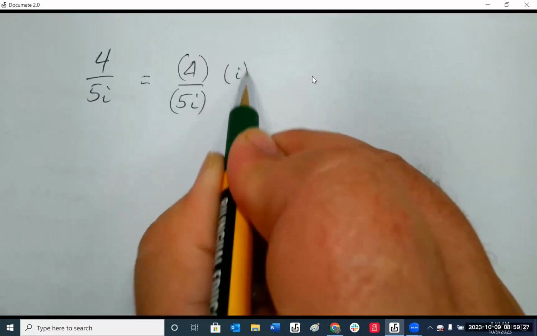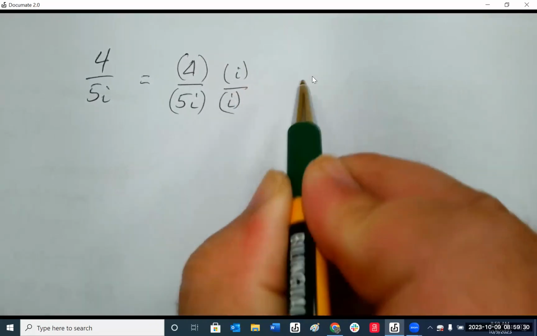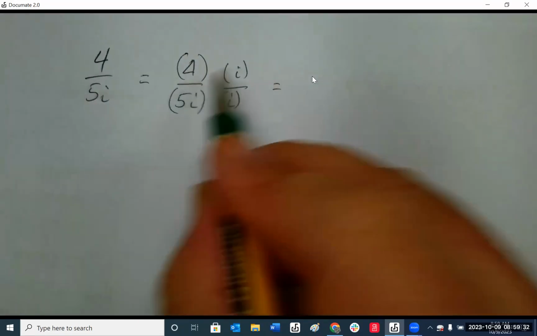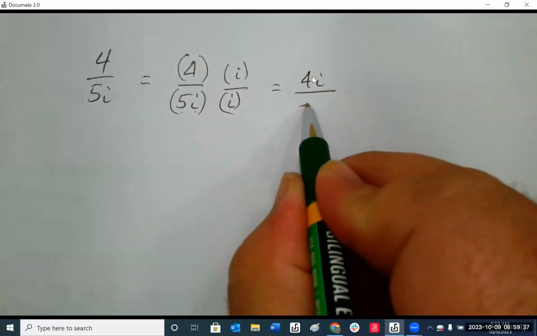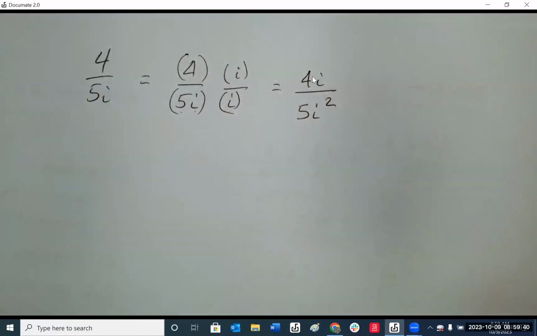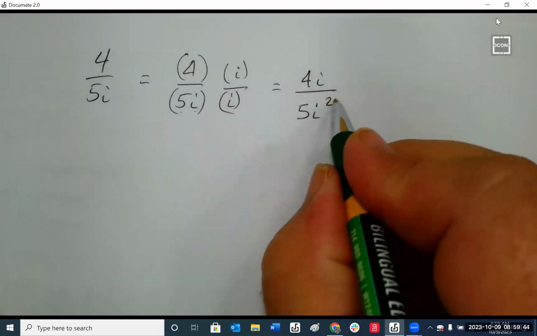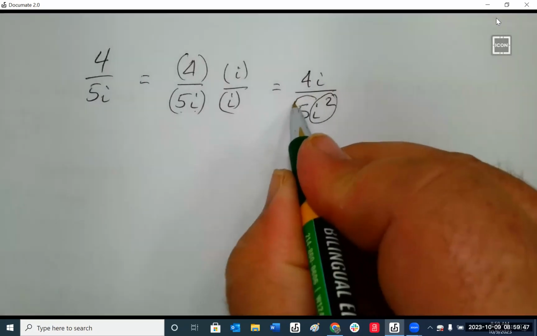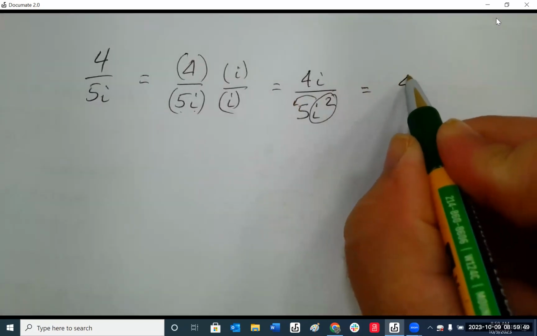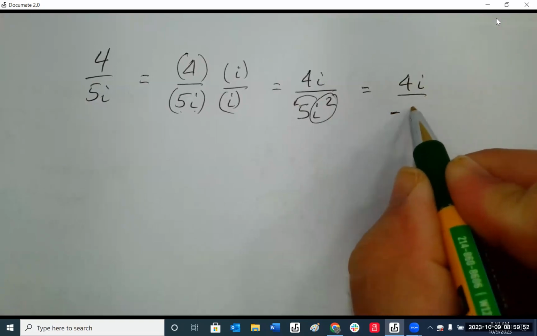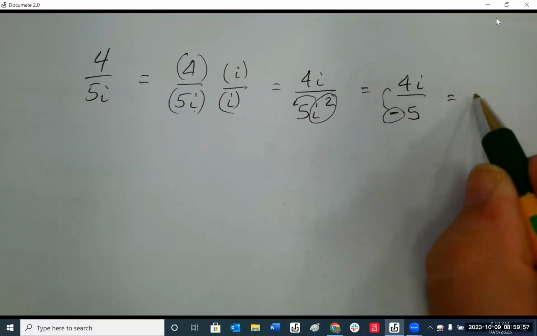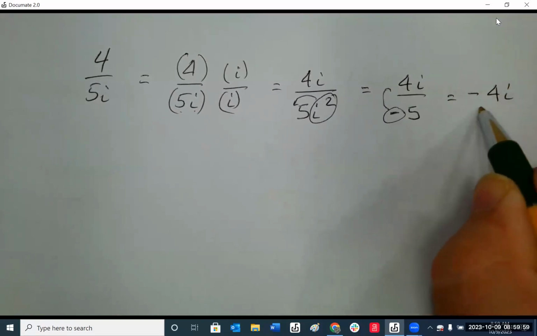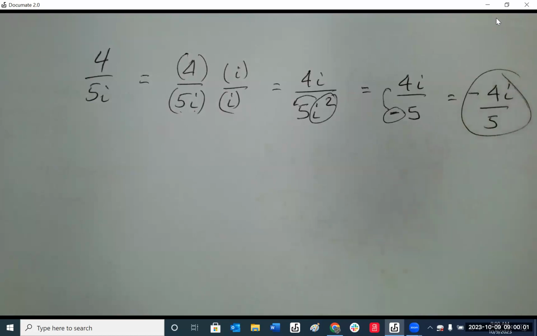So we have to multiply the top and bottom by i. 4 times i is 4i. 5i times i is 5i squared. i squared changes the sign of its coefficient. And a negative goes on top. Like that.